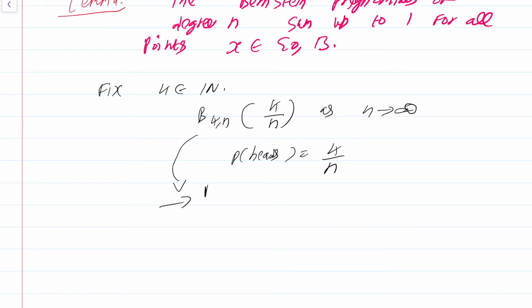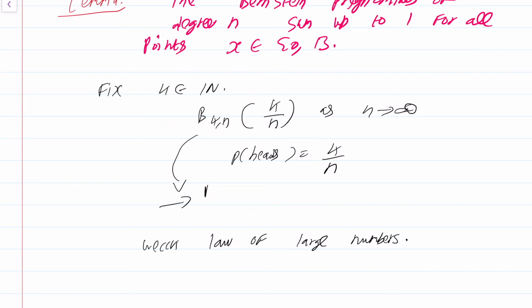So this is merely an intuition, but it can also be given a rigorous proof, and that is known as the weak law of large numbers in probability. You can justify this rigorously using the weak law of large numbers, and in fact it is for this reason that Bernstein thought that these polynomials could be useful in establishing Weierstrass's approximation theorem.